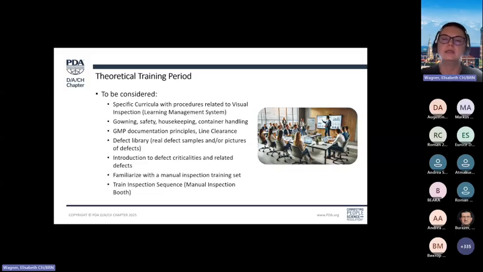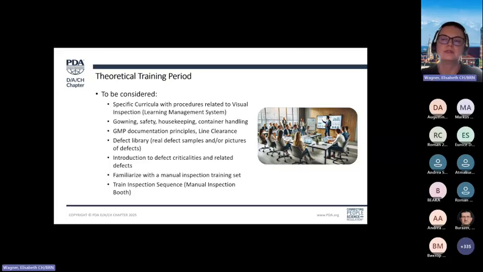And ideally, this defect library is also present in a training test set, so the operators are able to not only look at pictures, but also to see real defects in reality. The operators have also to be trained on what is a minor, what is a major, what is a critical defect. So they should be able to distinguish them then in routine.